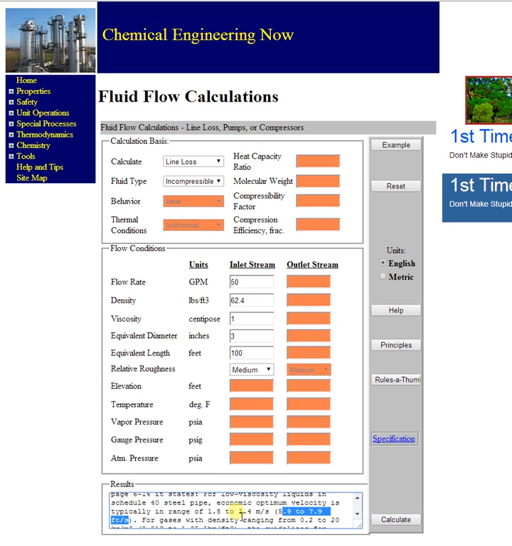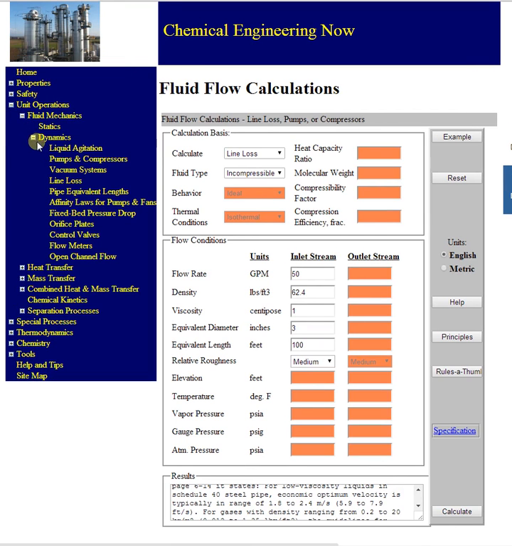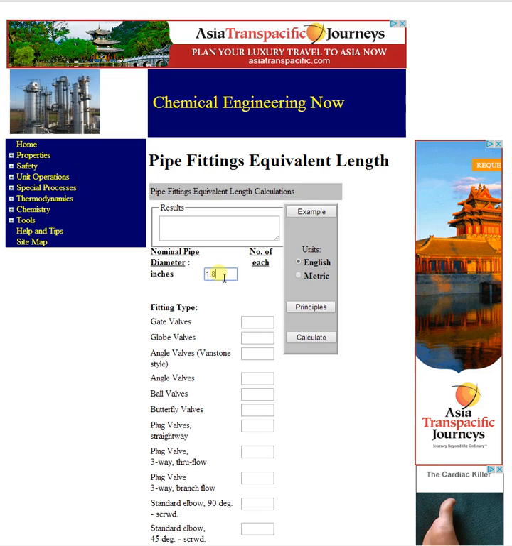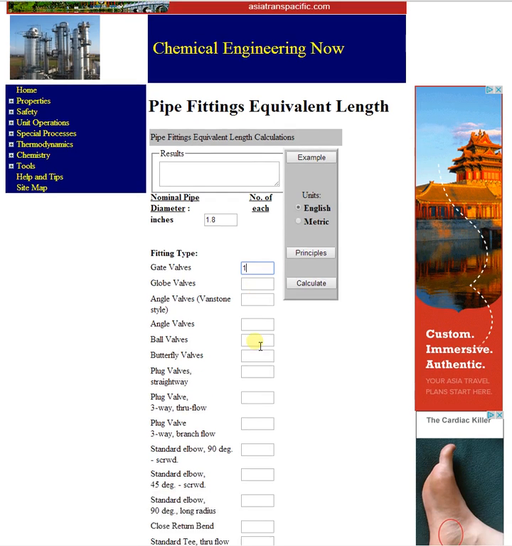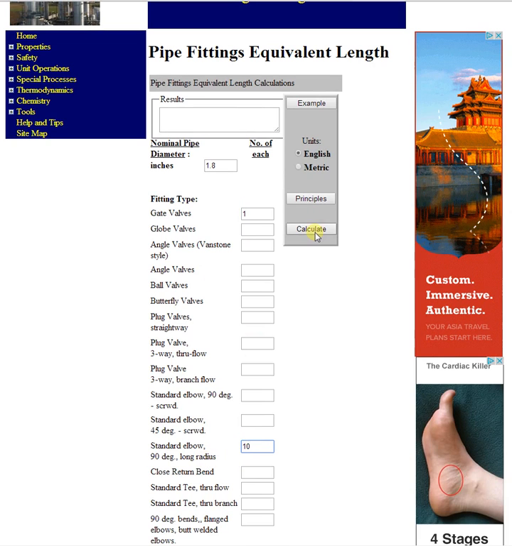So let's run this calculation again, but we will use 1.8 as the equivalent diameter. But before doing so, we have to find out what the new equivalent feet would be. So if we go over to the fluid flow calculation for pipe equivalent lengths, and we enter 1.8 as our new diameter, we have one gate valve, and we have 10 standard 90-degree long radius elbows.